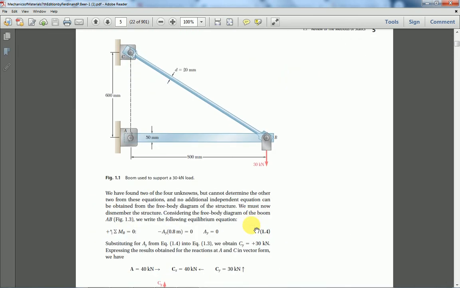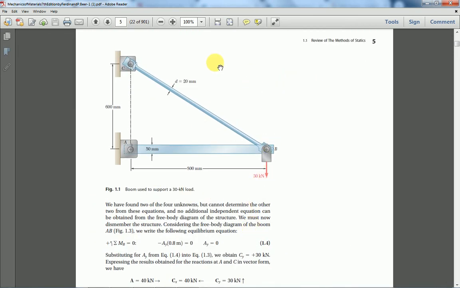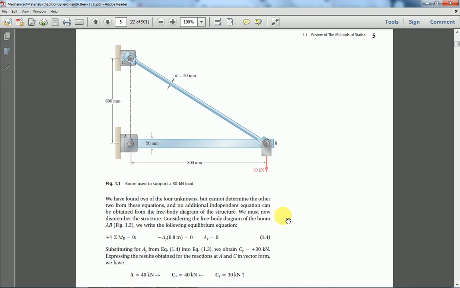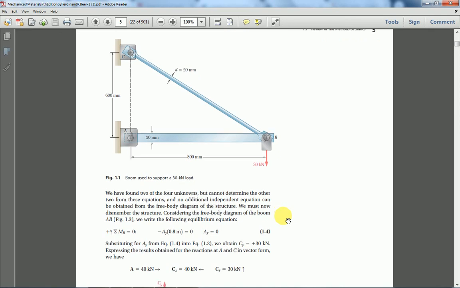And then we will try to solve this crane problem. Here we have seen this complex crane. We will try to simplify it, and we will surely try to resolve the unknown reactions, and then we will head towards finding some internal stresses and strain.